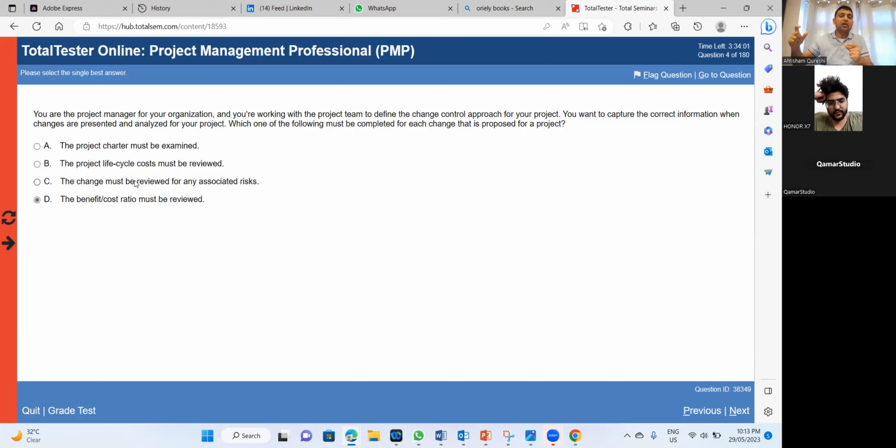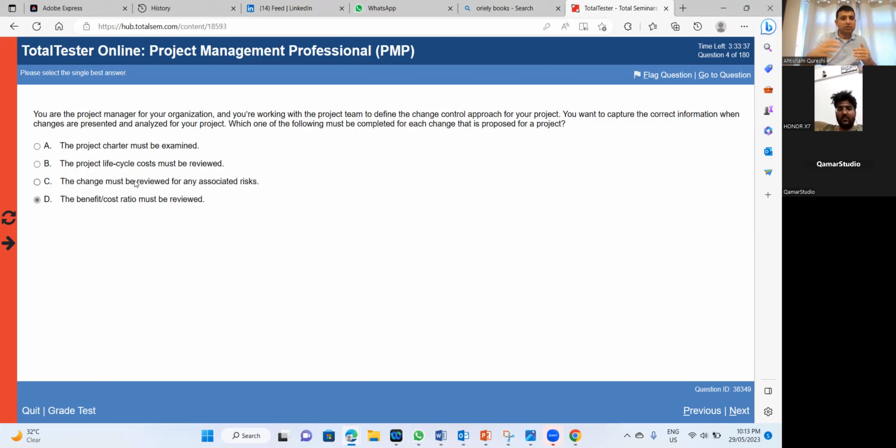indirect cost. Let's say you took a change: let's move our office from this location to near downtown Dubai. Now this is a change. Okay, maybe you took this decision to be close to the customer or something, but this will indirectly add cost to the project.